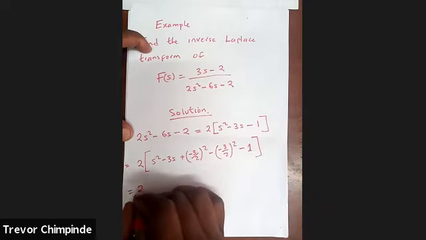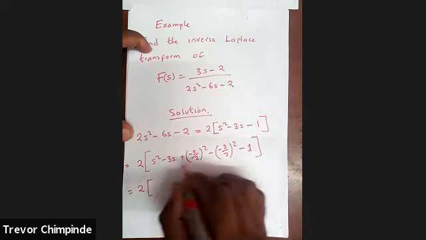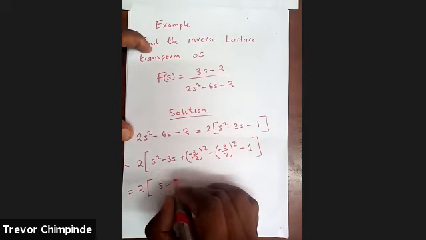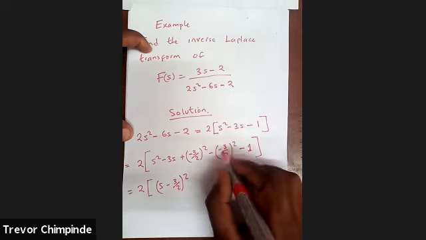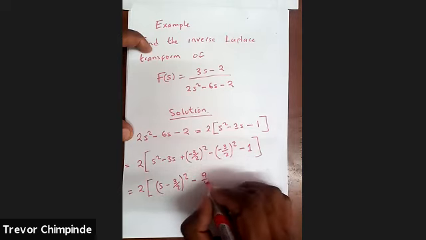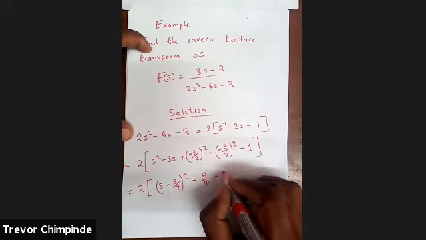So this is going to be 2. Then this is a complete square, so it's (s minus 3/2)², minus 9/4, and then minus 1.